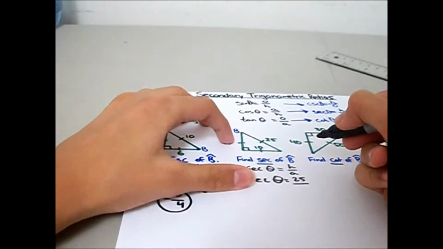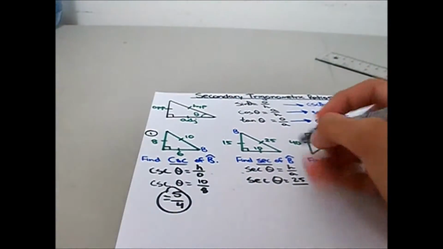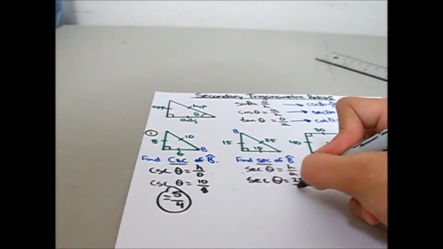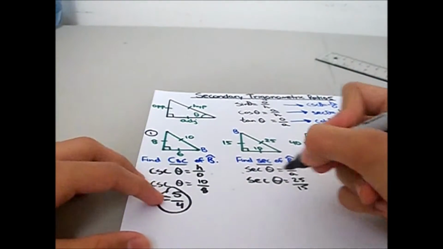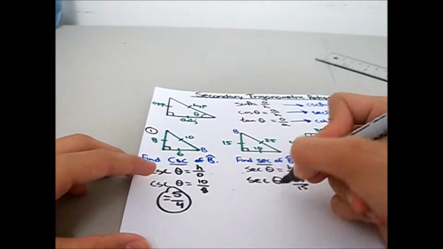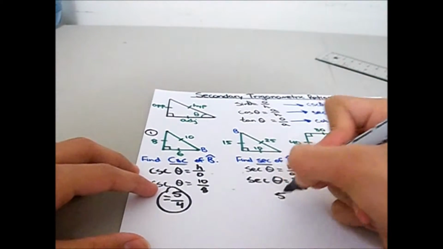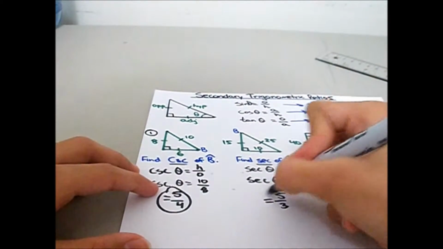And the adjacent is 15, adjacent to angle B. Again, if I simplify it, it will be 5 over 3. That's your answer.